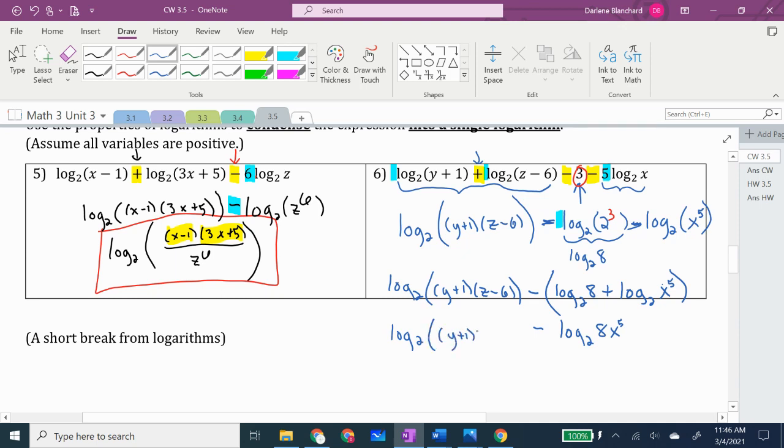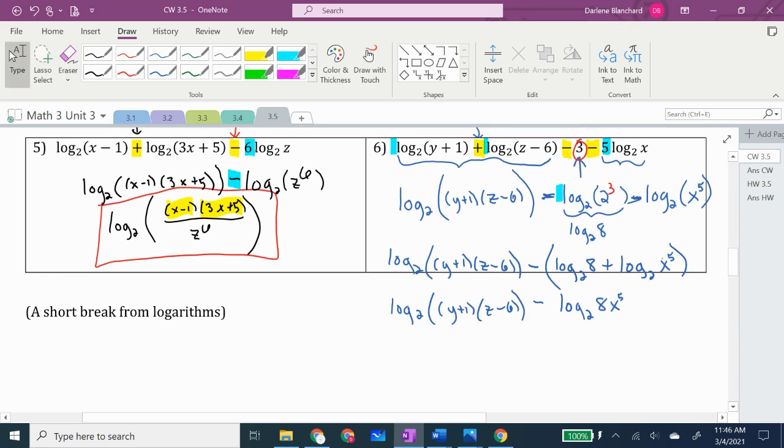And if you can condense faster than the steps I'm taking, that is fine. You can go ahead and condense faster. And now all I have is a subtraction of two logarithms, and nothing is multiplied outside those logarithms. It is ready for a final rule of dividing what is inside.